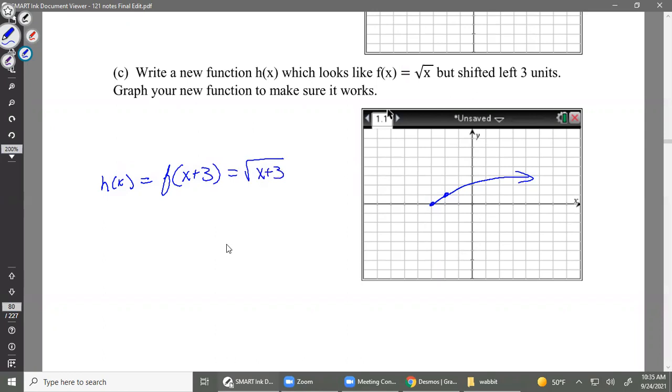The way I look at it, when I shift left and right, is I'm taking every single x and replacing it with x plus 3. Questions?